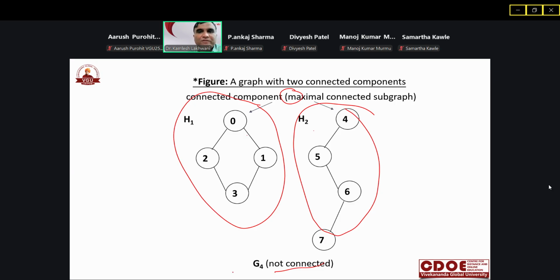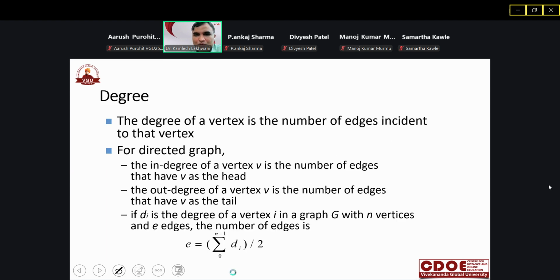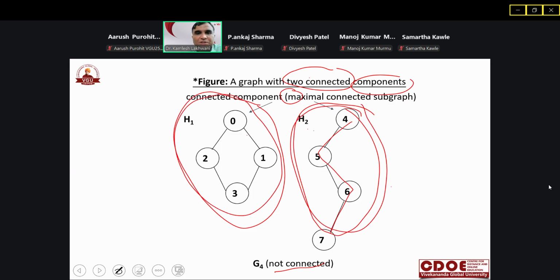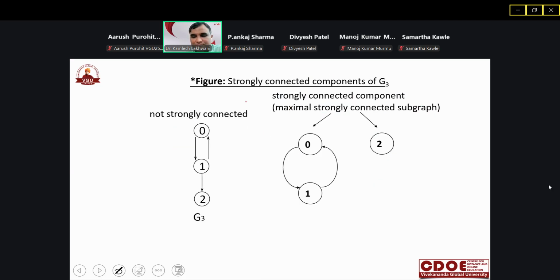A graph with two connected components, but they are not connected to each other. H2, 4, 5, 6, 7, anyhow, this is connected with each other. H1 is connected with each other, but H1 and H2 are not connected with each other, right?